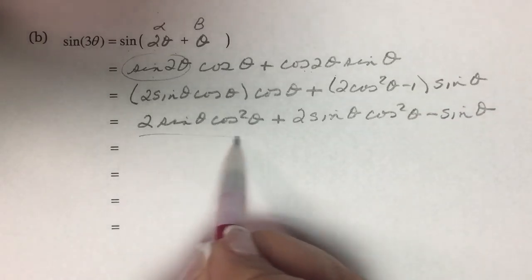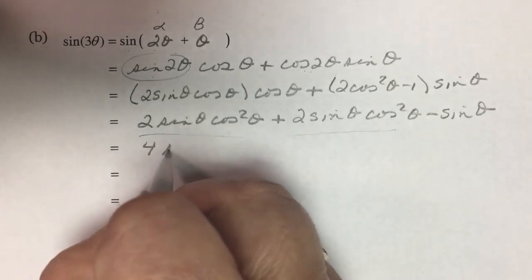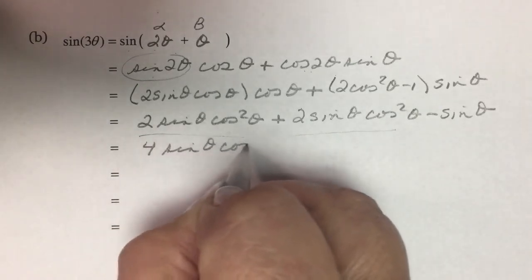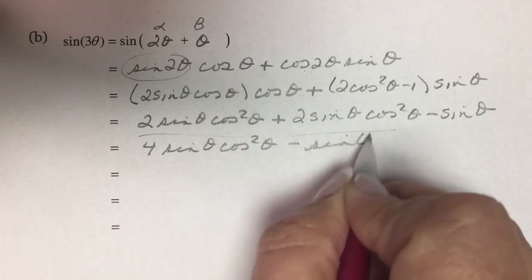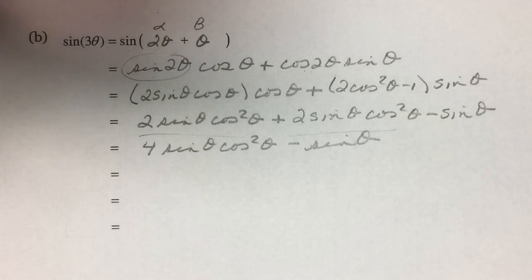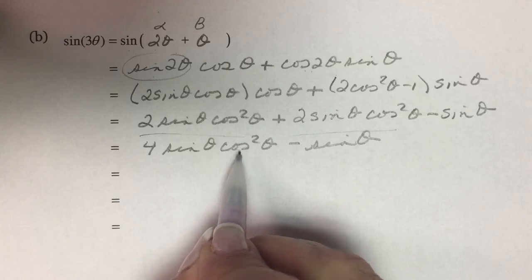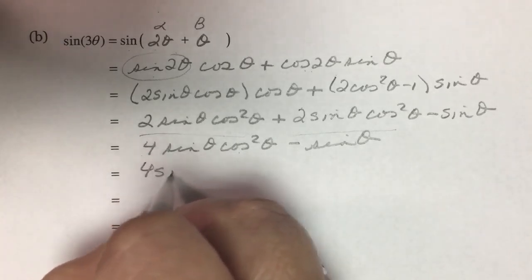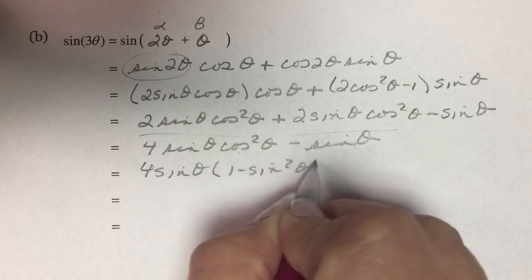Well, check it out. Look at these. Those are like terms. So I can add them to get 4 sine theta cosine squared theta minus sine theta. And we're almost there. Notice there are still some cosines. That's because what we're going to do is write this all in terms of sine. So where I see the cosine squared theta, I'm going to substitute in 1 minus sine squared theta.